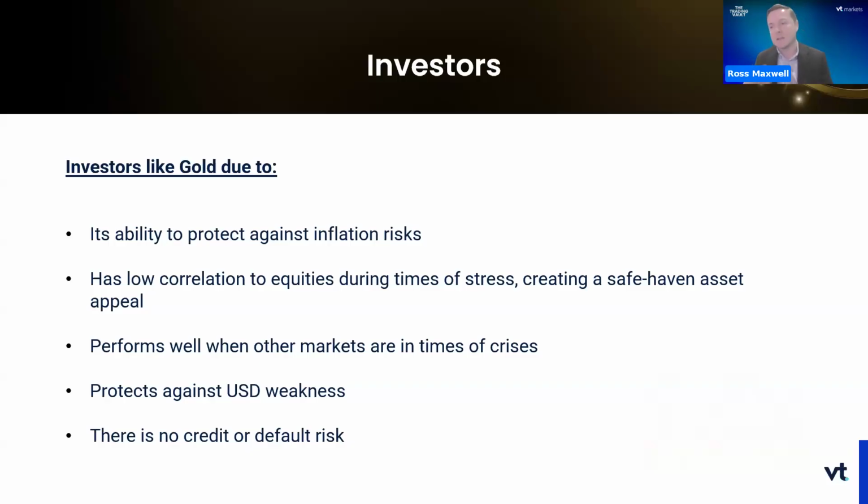When something happens, like during the global financial crisis, for example, or through COVID, when the stock markets were getting hit and companies were really struggling with earnings, gold will actually benefit in those times because it is not correlated. Investors turn to a risk-off environment.